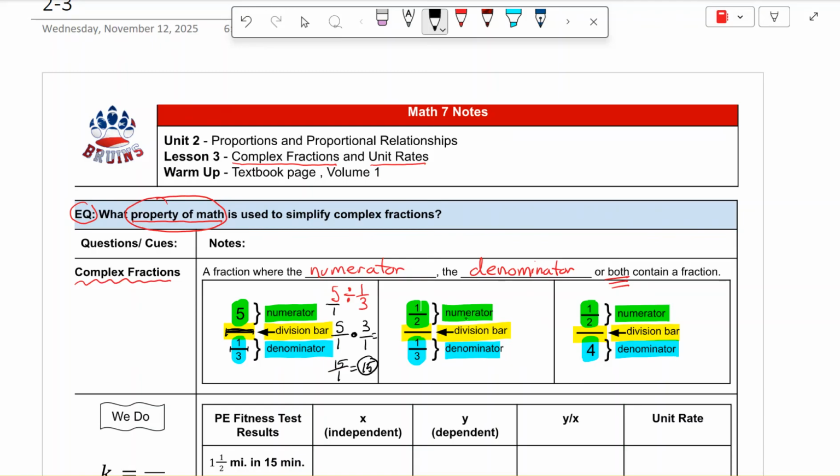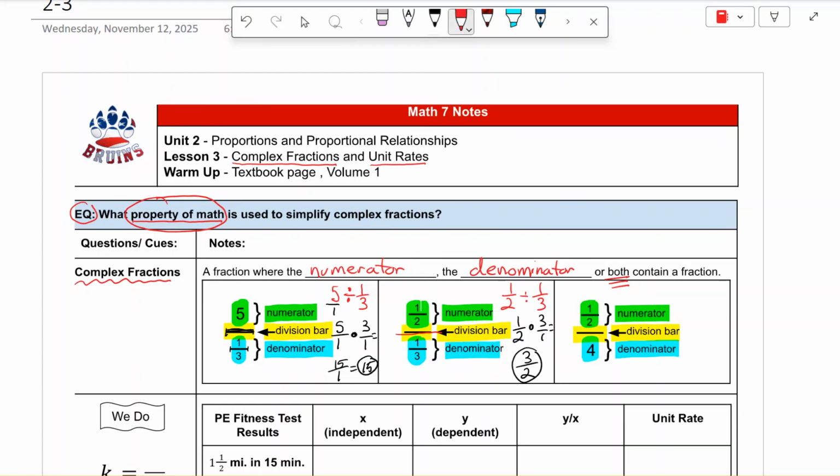Let's practice again on this complex fraction. This is saying 1/2 divided by the long bar here, divided by 1/3. So then we just go back to elementary school and we keep the first one, we change the division sign into multiplication, and then we reciprocate or flip the 3/1. And when you multiply all the way across, you get 3/2.